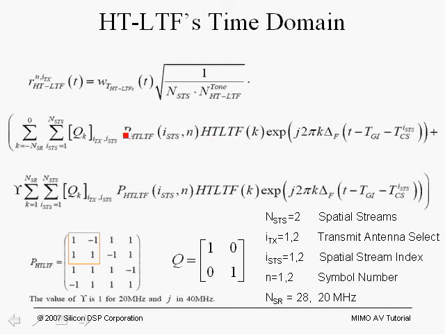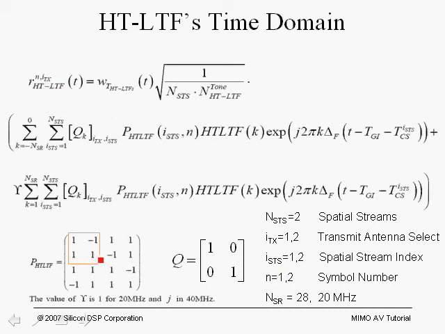P is a very important matrix, which is shown over here. For a 2 by 2 system, we actually use a subset of this matrix because ISTS and N would range from 1 to 2. ISTS is the index from 1 to the number of spatial streams, so that ranges from 1 to 2. N ranges from 1 to 2.